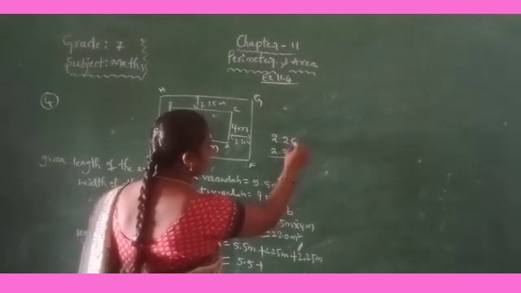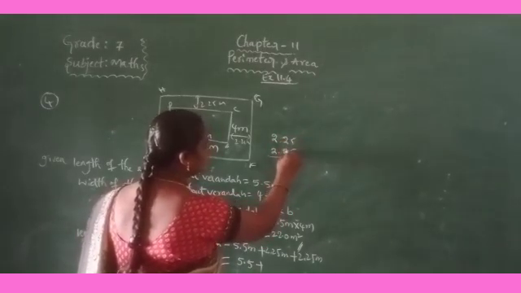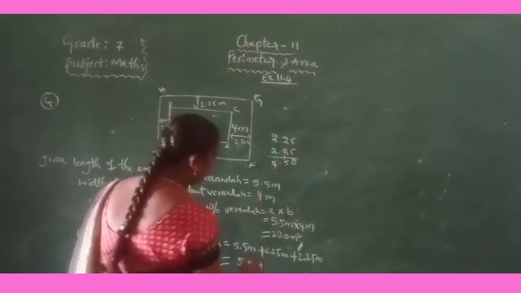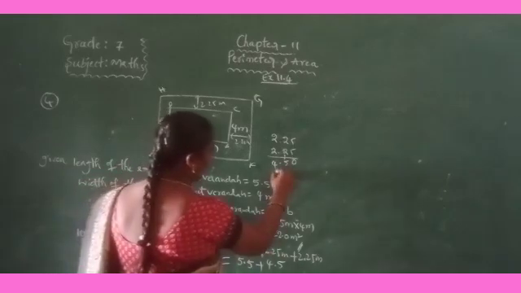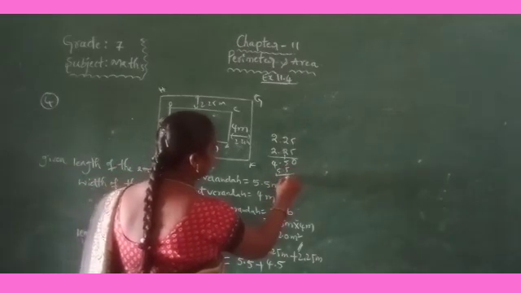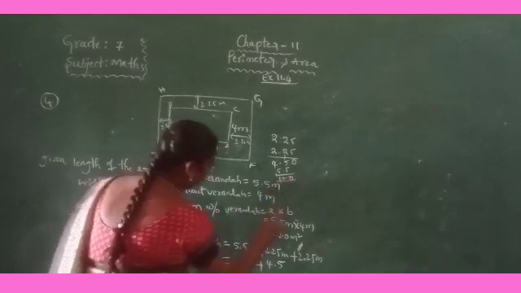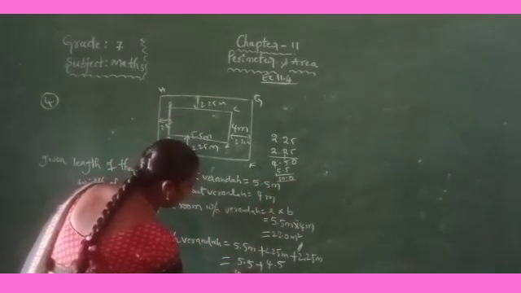How much? 5 plus 5, 10, 2 plus 2, 4 plus 1, 5, that is 4.5. Now add these two: 5.5 plus 4.5 is equal to 10.